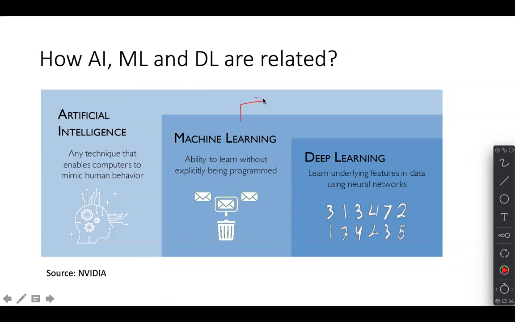Machine learning systems have of course been around for a very long time, like 40-50 years. Several algorithms have been developed over that period. Traditionally, machine learning systems were mostly focused on structured data.